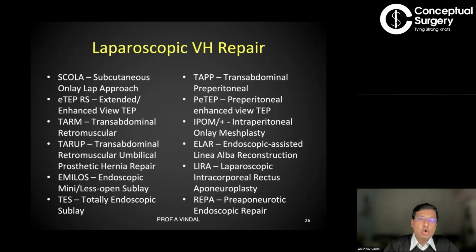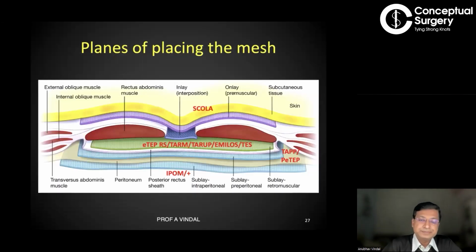So there are so many acronyms and so many repairs, which tells you that none of the repair is perfect for all the patients. And you have to tailor the repair according to the patient that you get.